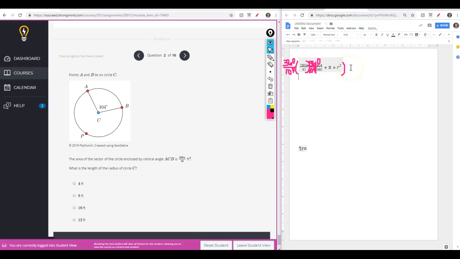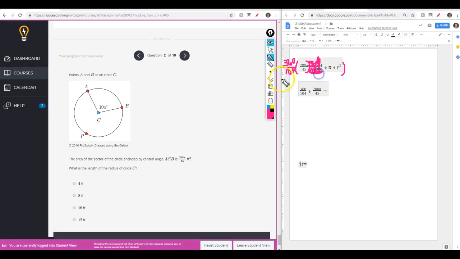So now we're going to have a new equation of 360 divided by 104, multiplied by 208 pi 45ths, and that still equals, alright, 360 divided by 360 creates a form of 1, and 104 divided by 104 creates a form of 1. So that reduces all down to 1.